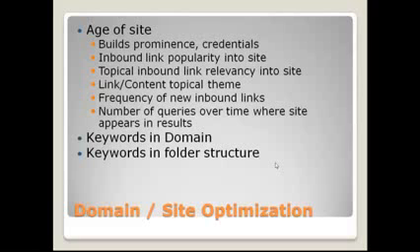That to Google would say, hey, this site is getting a ton of votes. A lot of people are saying, hey, I like this site, and this site is about diamond rings. So they're more likely to rank that site for the term diamond rings, if you're a jewelry store, or if that's what you're targeting, selling, giving information about. Topical inbound link relevancy to your site.